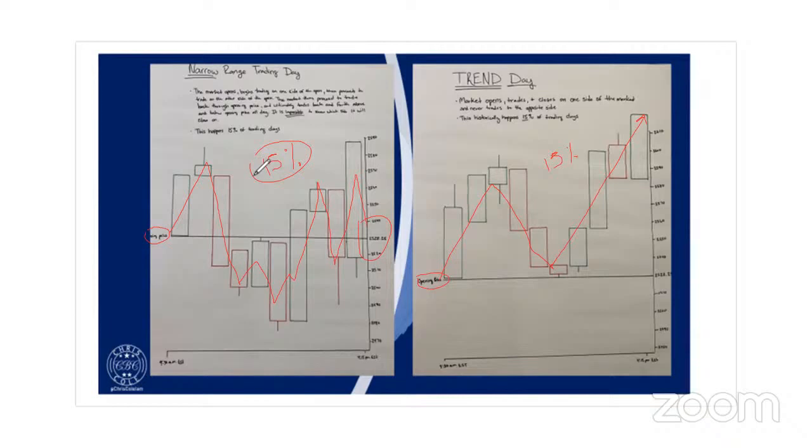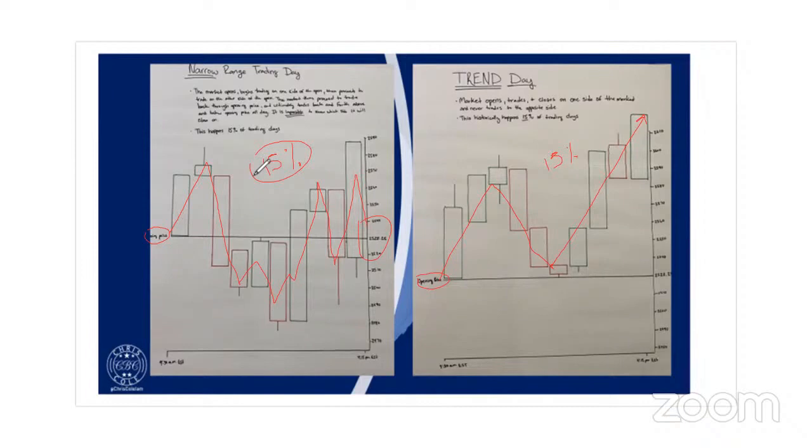So step number one is always find an opening price. 9:30 a.m. Eastern Standard Time for your indices, 9 o'clock a.m. Eastern Standard Time for your commodities, gold, crude oil, and the such, okay?